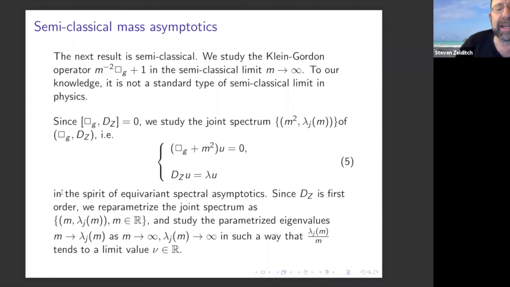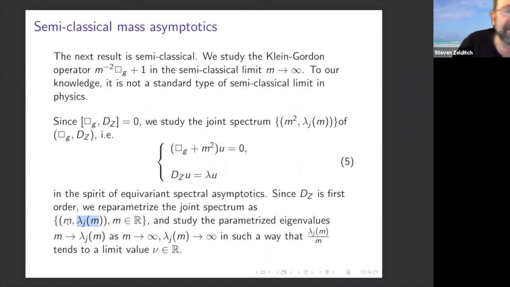Here we're looking at the joint spectrum of the massive Klein-Gordon operator and the Killing vector field. We could study semi-classical asymptotics the way we do whenever we look at a joint spectrum, which means we look at pairs: mass and the eigenvalues of the Killing vector field on massive solutions of the wave equation, what they call massive scalar fields in quantum field theory.